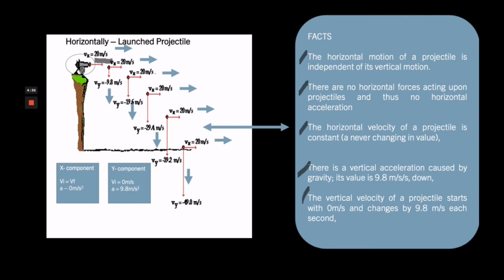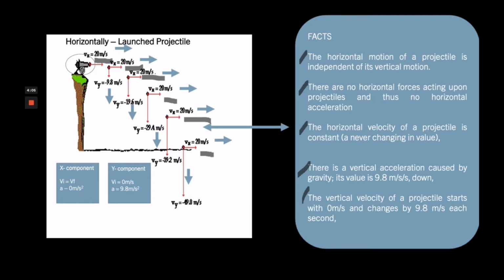Neglecting air resistance, the cannonball, as you notice, will continue in motion at 20 meters per second. This is consistent with the law of inertia, which states that an object at rest will remain at rest, and an object in motion will remain in motion unless acted upon by an unbalanced force.